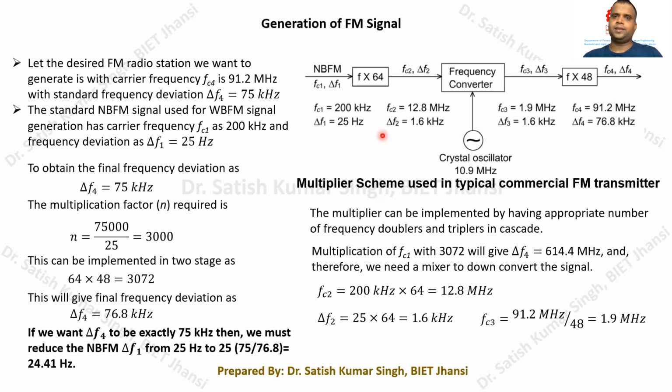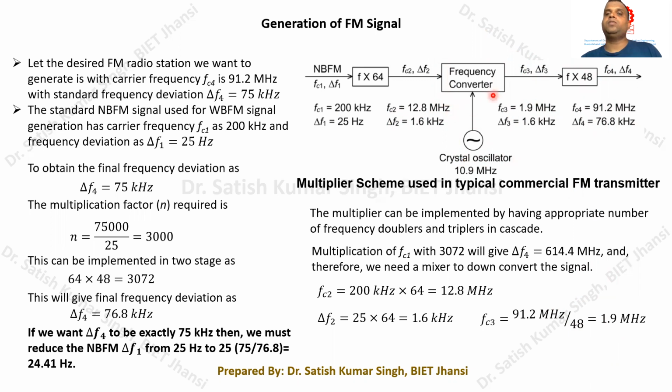Now you can see that the FC2 that we have obtained is equal to 12.8 megahertz, and here we need an FC3 equal to 1.9 megahertz. To reduce this frequency, we can have a mixer stage, or a frequency converter stage.